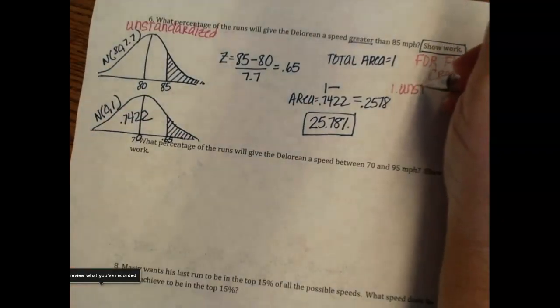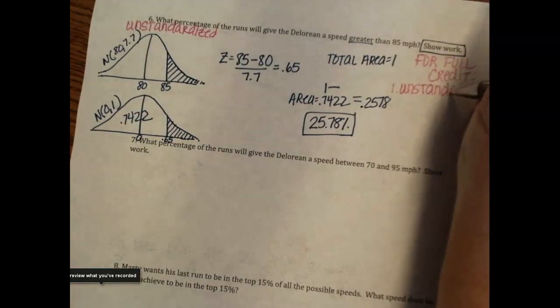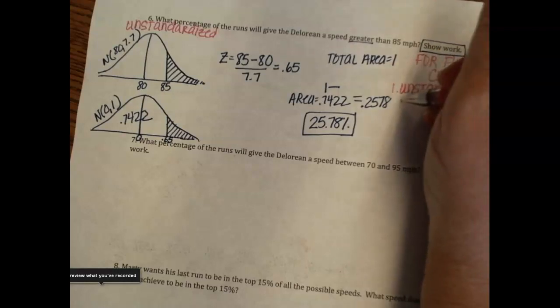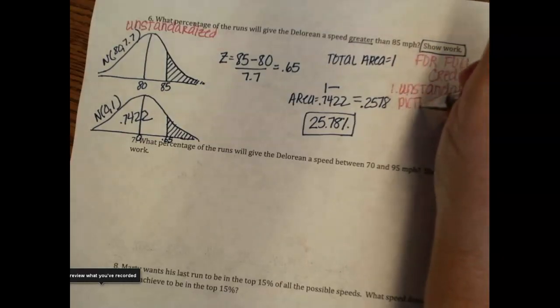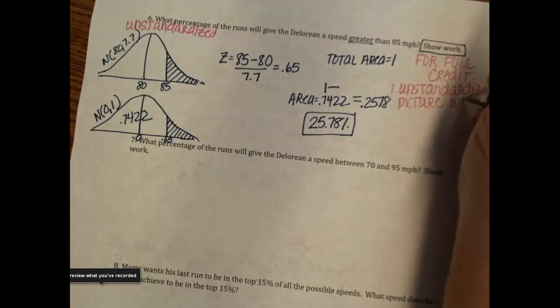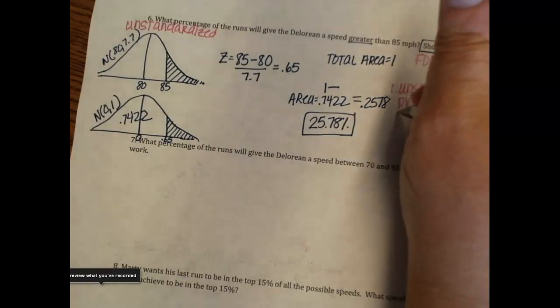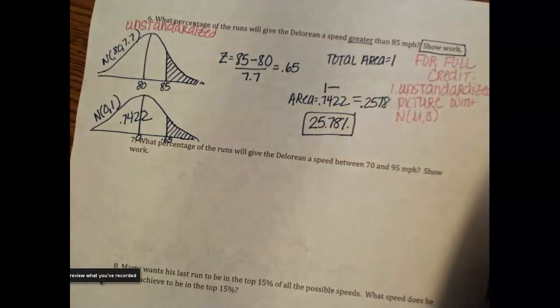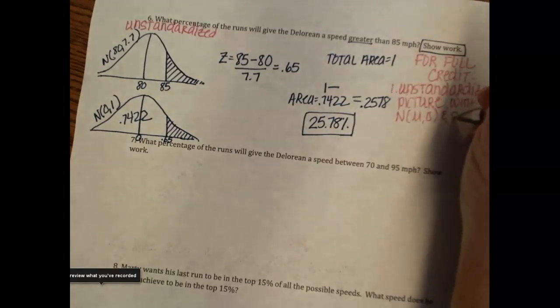So I want the unstandardized picture with the notation, mean and standard deviation, and shading.